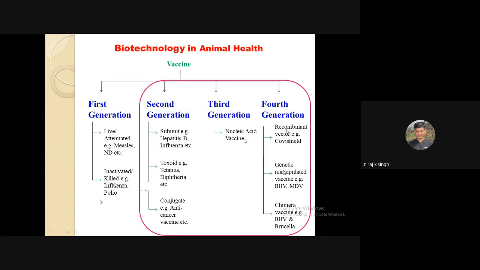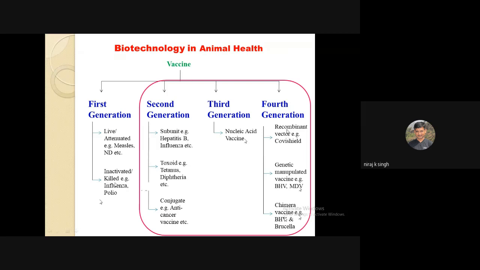Then there are genetically manipulated vaccines like MDV, VHV, gene deletion vaccines, marker vaccines. And another is the chimeric vaccine. What is a chimera? A chimera is an individual with two different features, from two different individuals, two different species. Like in Hinduism, you have heard of Lord Narasimha. Narasimha had the head of a lion and the rest of the body of a human.